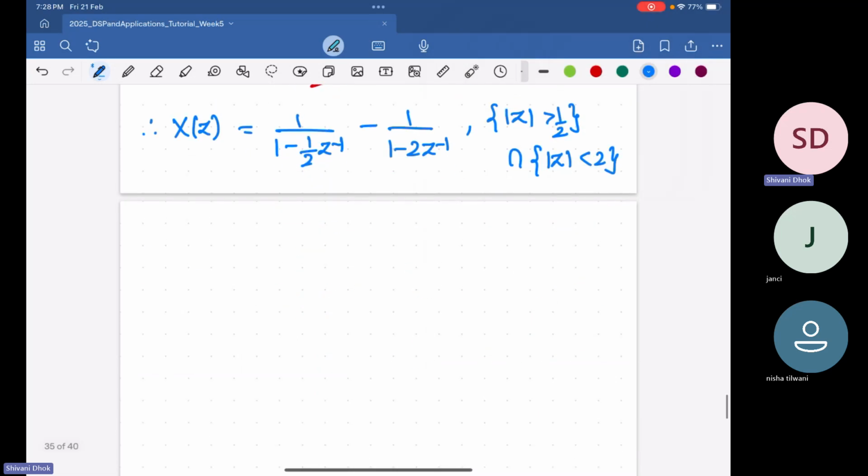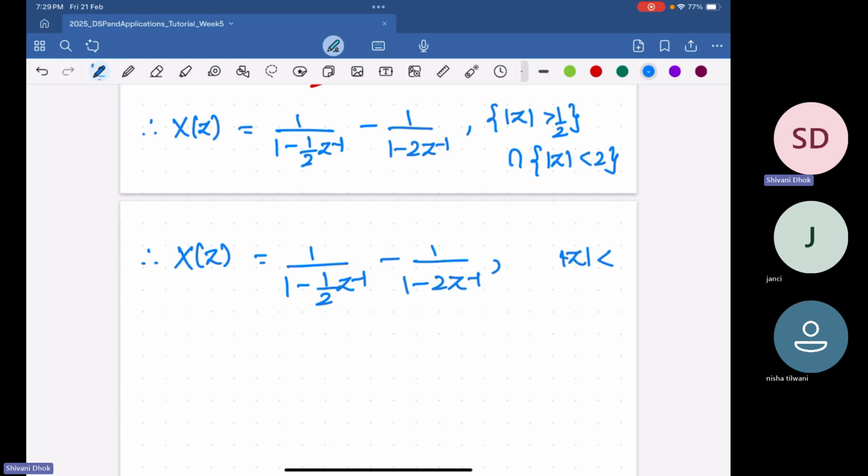So therefore what we get is my x of z is 1 upon 1 minus 1 by 2z inverse minus 1 upon 1 minus 2z inverse with region of convergence magnitude of z less than 2 and greater than half. Okay, is it clear? Any questions?